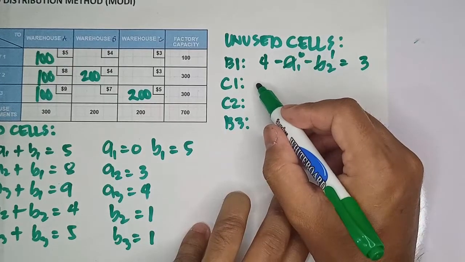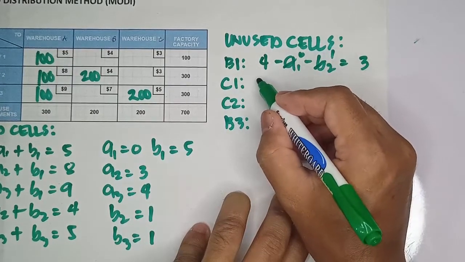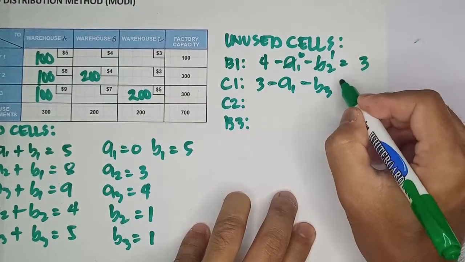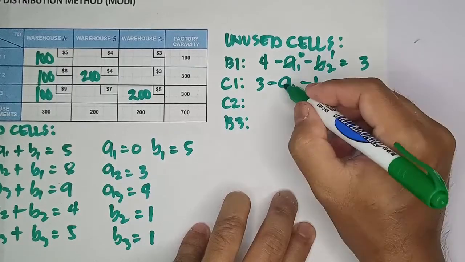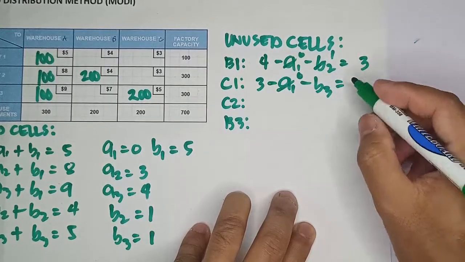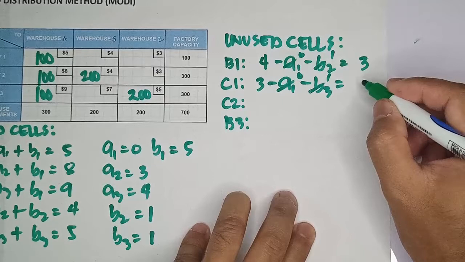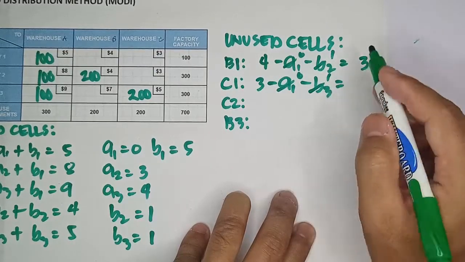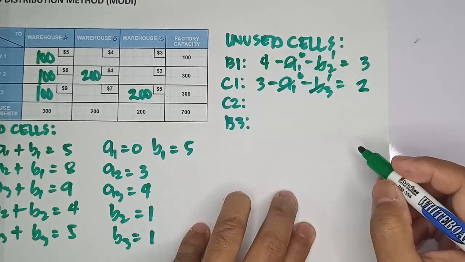The equation for C1 is 3 minus A1 minus B3. A1 is again equal to 0, B3 is equal to 1. Therefore, the improvement index for C1 is 3 minus 0 minus 1 equal to 2.